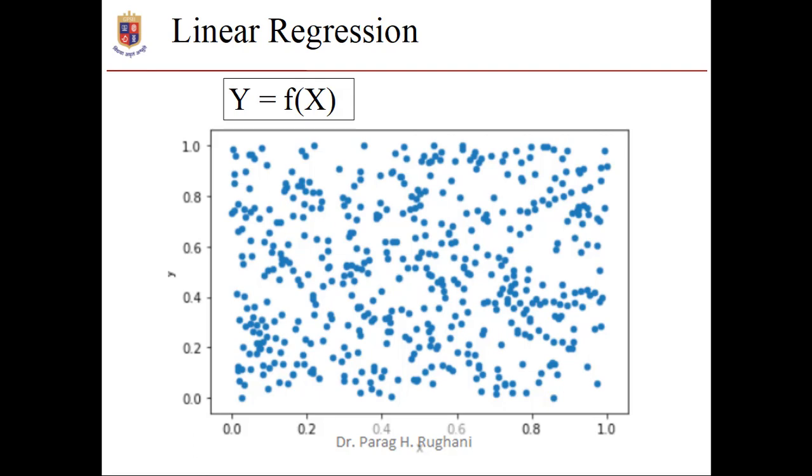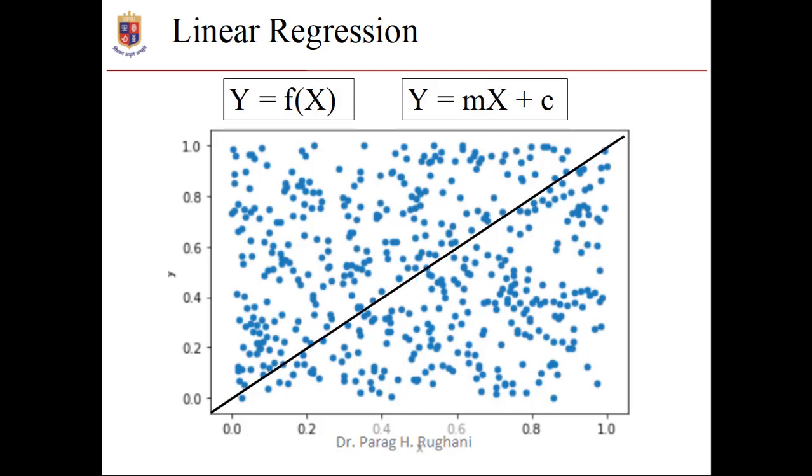One of the equations we can think about is a linear equation. As we are working on linear regression, let us consider a linear equation like y is equal to mx plus c, where the relationship between x and y is denoted in the form of a line. On the plot, you can say that I'm drawing a line which generalizes the relationship between x and y.